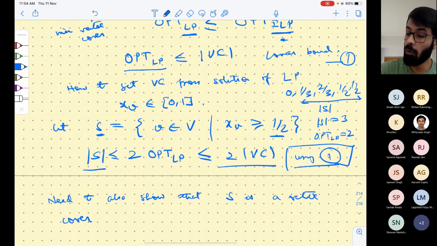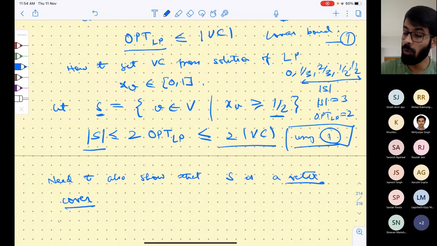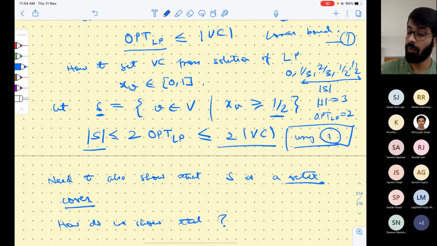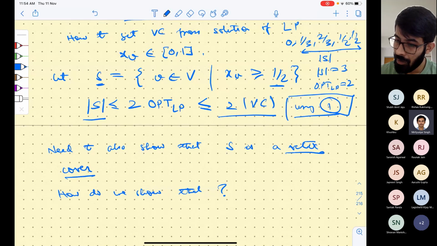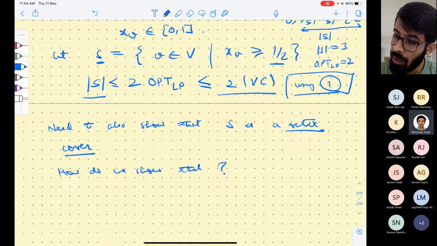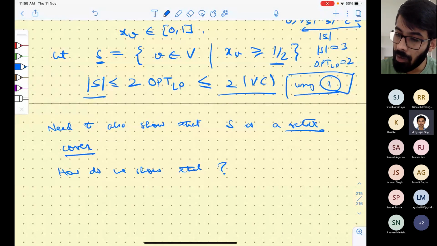Because whatever solution we are outputting, it has to be a vertex cover, right? And how do we show that? Every edge has a vertex from S.